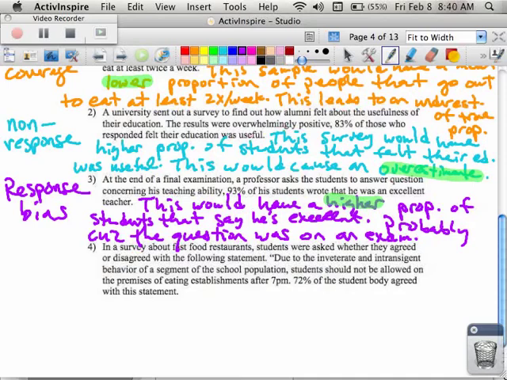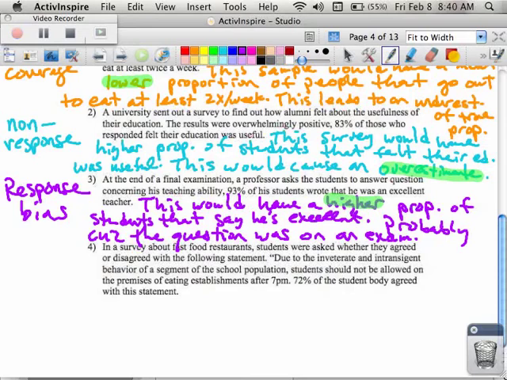In this last one, question number 4, a survey is about fast food restaurants, and students were asked whether they agreed or disagreed with the following statement: due to the inveterate and intransient behavior of a segment of the school population, students should not be allowed on the premises of eating establishments after 7 p.m. 72% of the student body agreed.